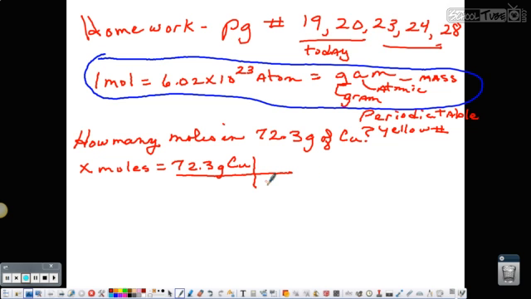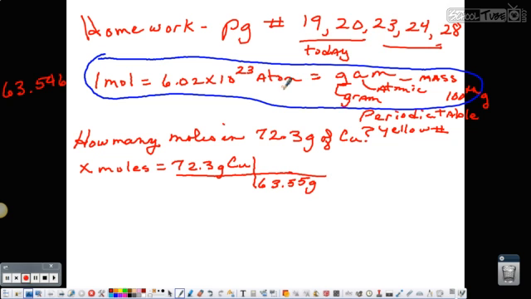We're going to always round this off to the nearest hundredth of a gram. So when I look up copper on the periodic table, I see 63.546. Round that off to the nearest hundredth. 63.55 grams.